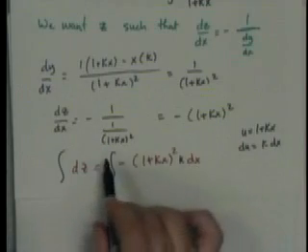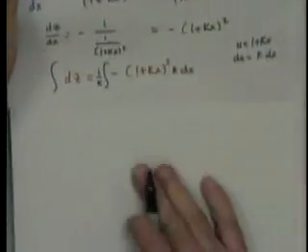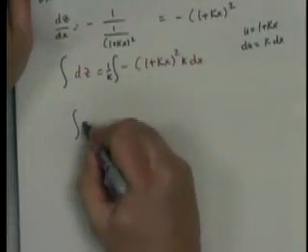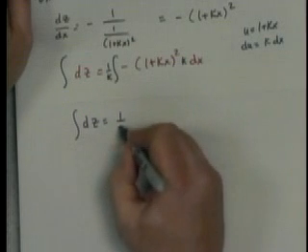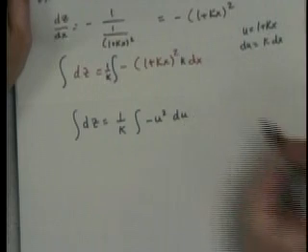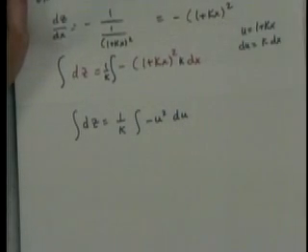You put a k in here and a 1 over k out front. And I get 1 over k times the integral of negative u squared du.